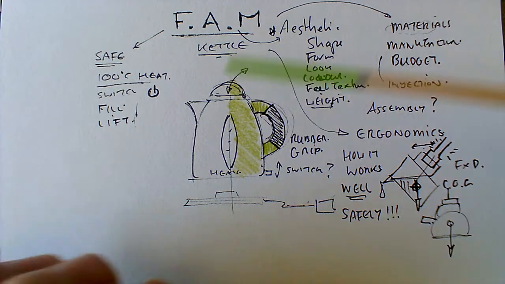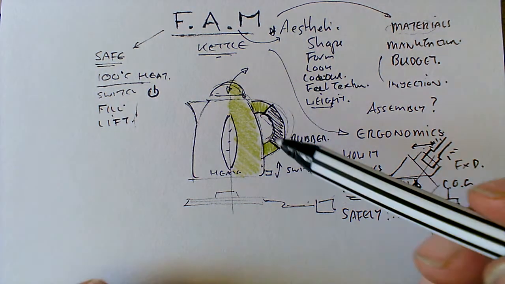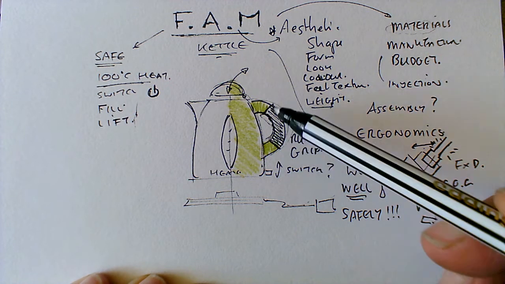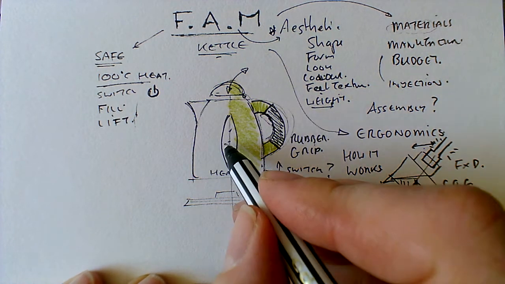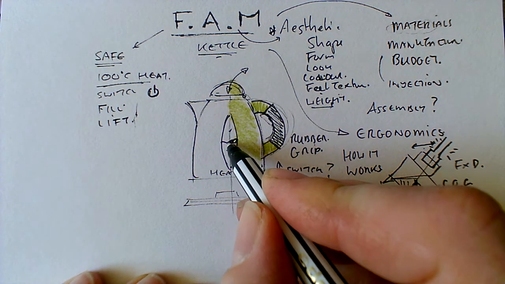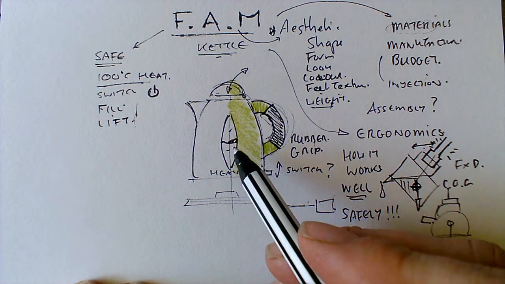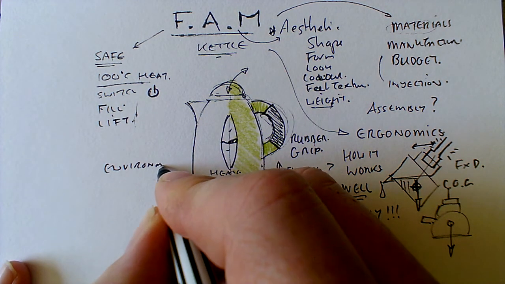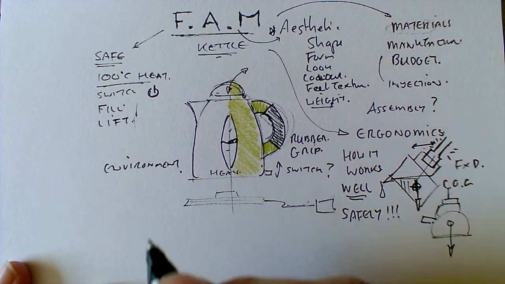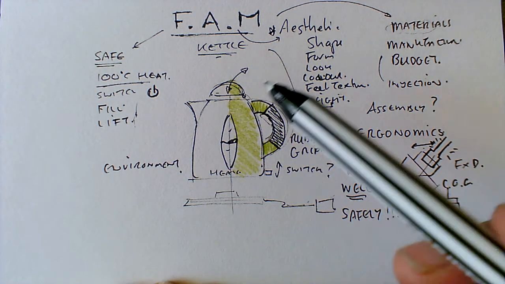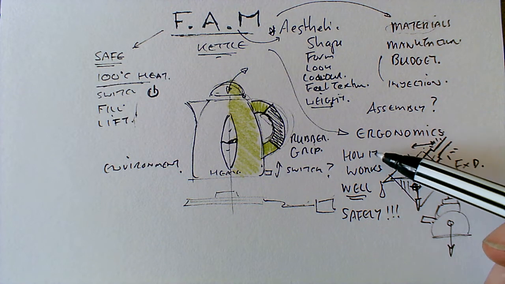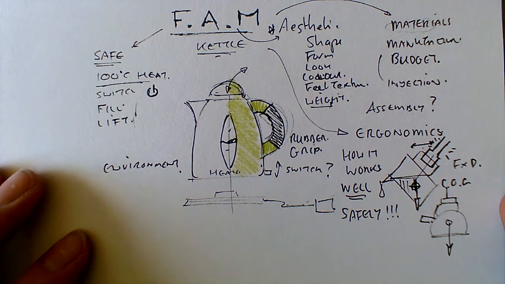That might be the on-trend colour as I'm thinking about the design. What is the trend, but also how can I make that part of the function? A nice little window here so I can see how much liquid, so I don't want to overfill. That could be to do with the environment, saving energy, only heating the water that you need. As a designer, you can encourage people to be environmentally friendly. So we're talking about ergonomics, how it works well and how it works safely.